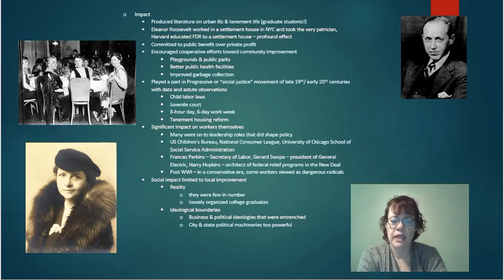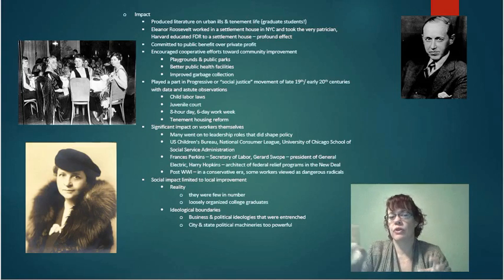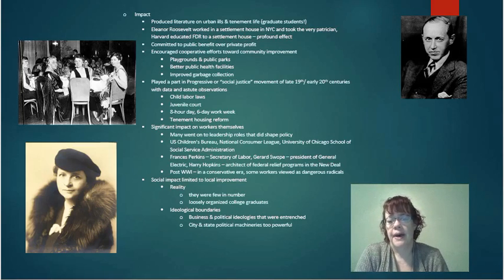The social impact was limited to local improvement. And so then we have to talk about the reality that in the beginning I talked about how in 20 years we go from 4 settlement houses to 400, which shows you what an important idea this was and how quickly it spread. But at the same time, if you think about just the northern urban areas, 400 settlement houses is not enough to change federally, nationally, ideas of poverty.